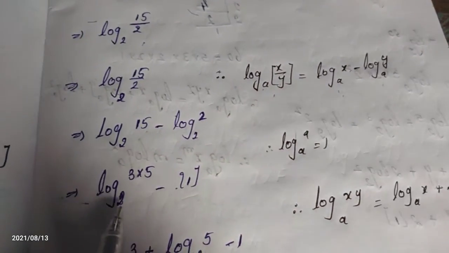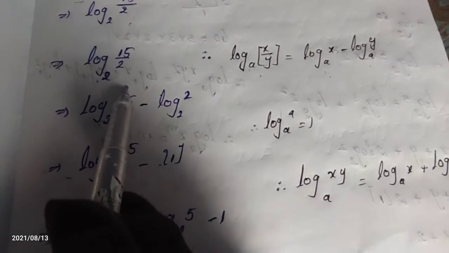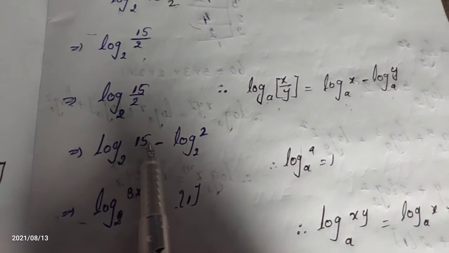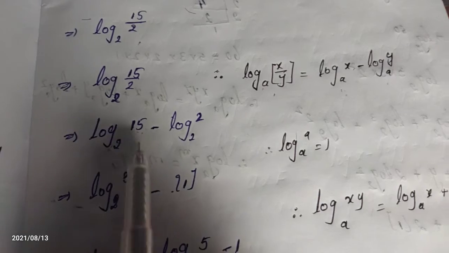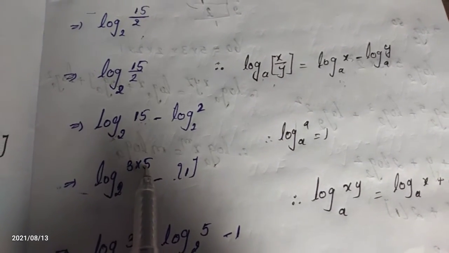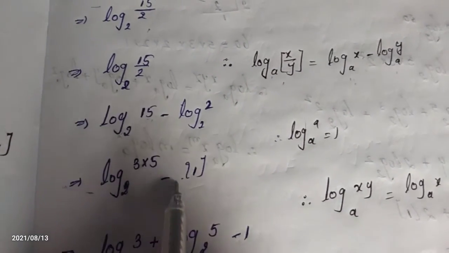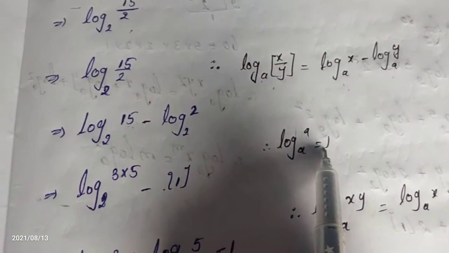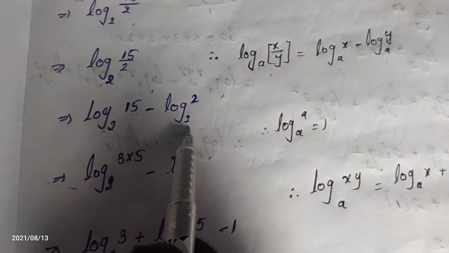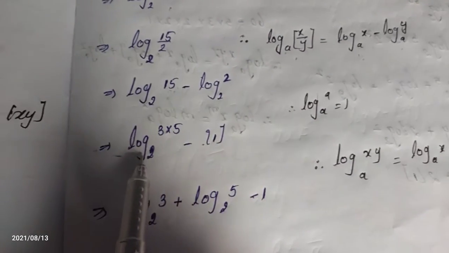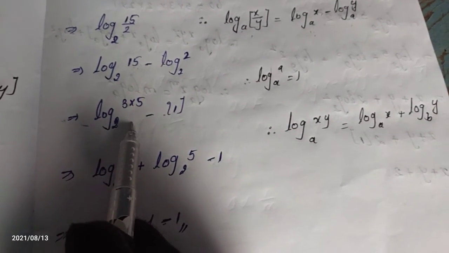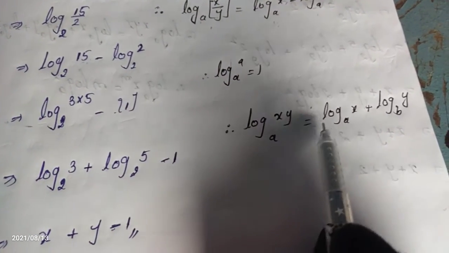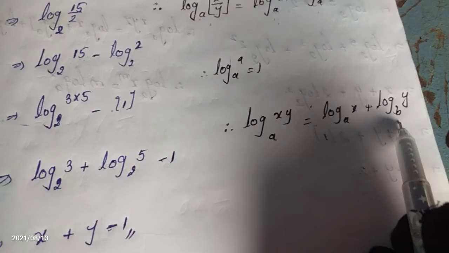Come to the next step. I am just splitting the 15. We have to convert 15 in terms of 5 and 3, since 5 times 3 is 15, minus. Here we have the formula log a to the base a is 1. Similarly, log 2 to the base 2 is 1. I am writing 1 here. Now we use the one formula: log x y to the base a equals log x to the base a plus log y to the base a.